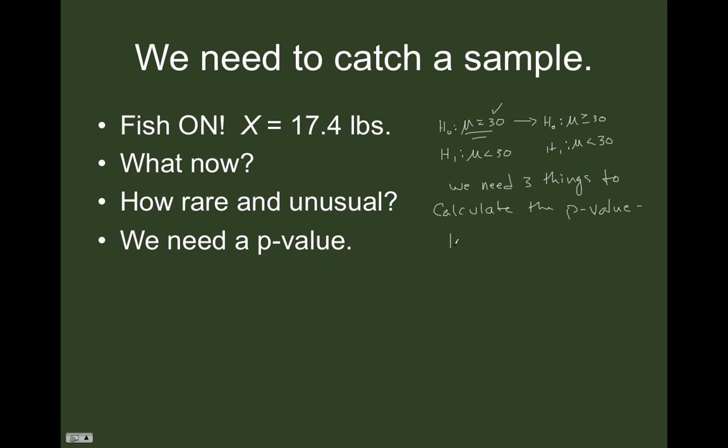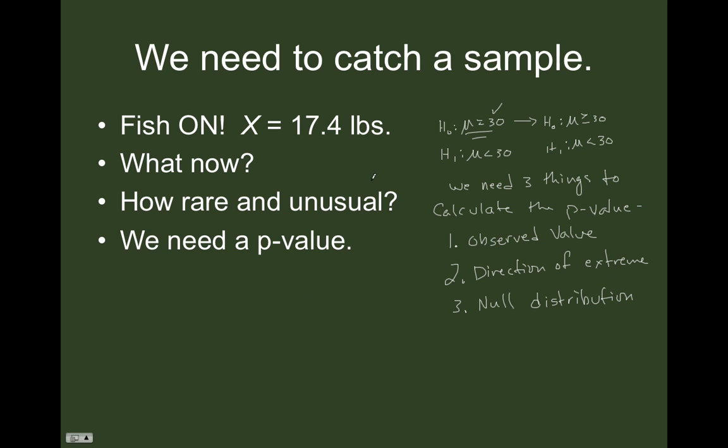Well, we need an observed value. We need the direction of extreme. And we need the null distribution. So these are the three things that we always need when we're going to calculate a p-value.